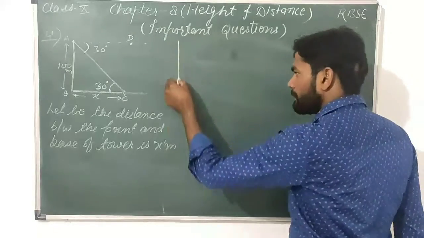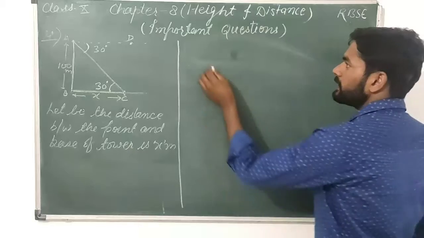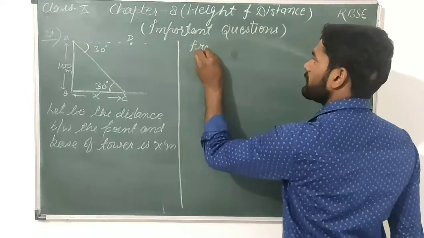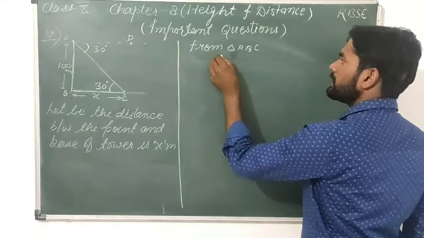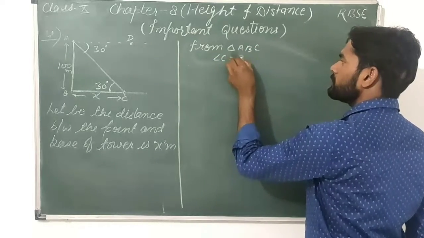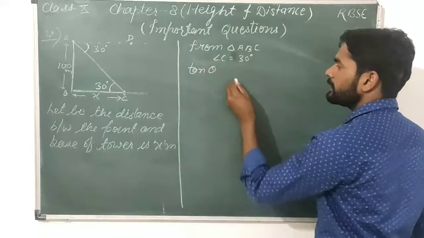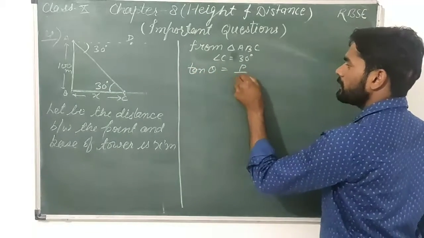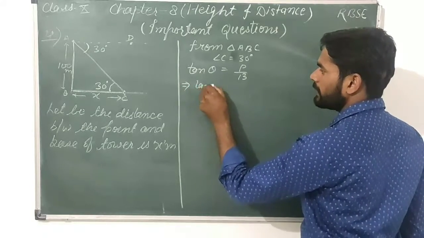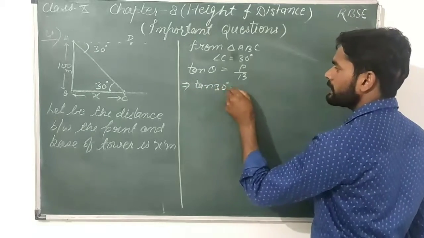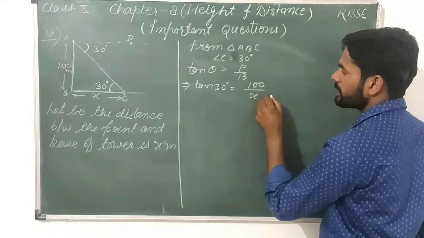So base and perpendicular is the relation for tan theta from triangle ABC. Angle C is equal to 30 degrees, and tan theta is perpendicular upon base. Now apply the values. Tan 30 degrees is equal to perpendicular 100 and base x.